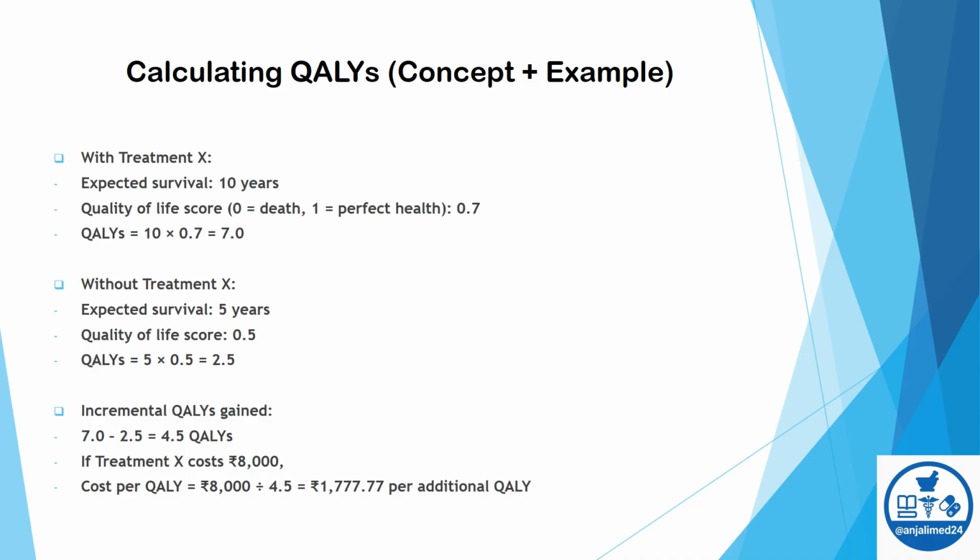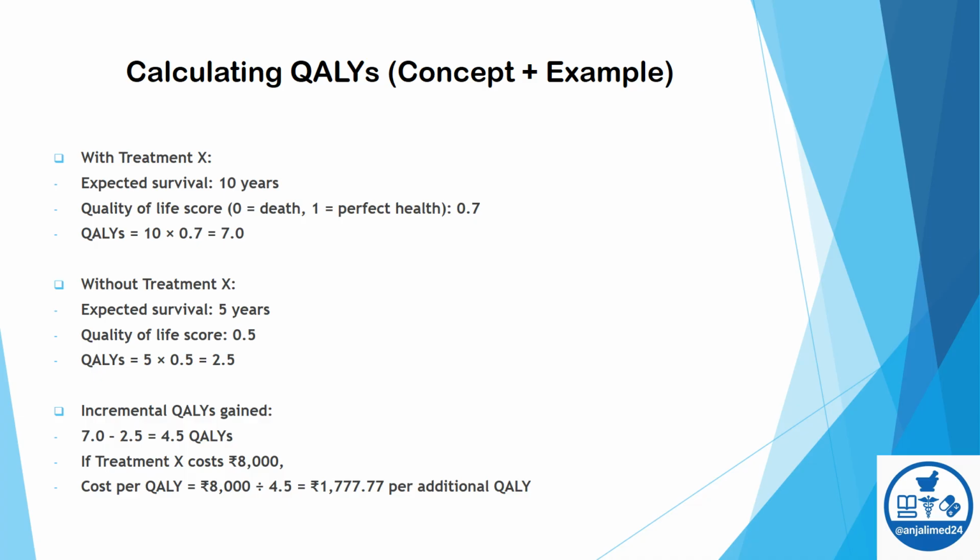Without the treatment, the person is expected to live for 5 years with a reduced quality of life score of 0.5. That results in 2.5 QALYs. The difference between the two scenarios, 7 minus 2.5, is 4.5 QALYs gained because of the treatment.